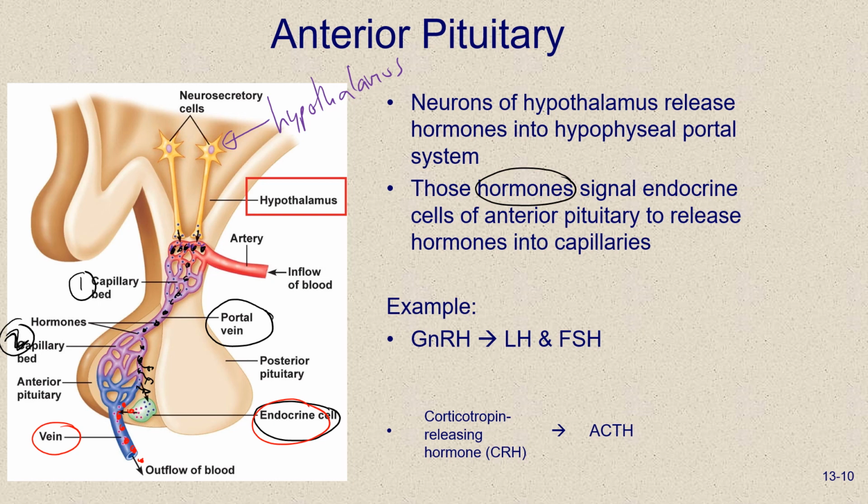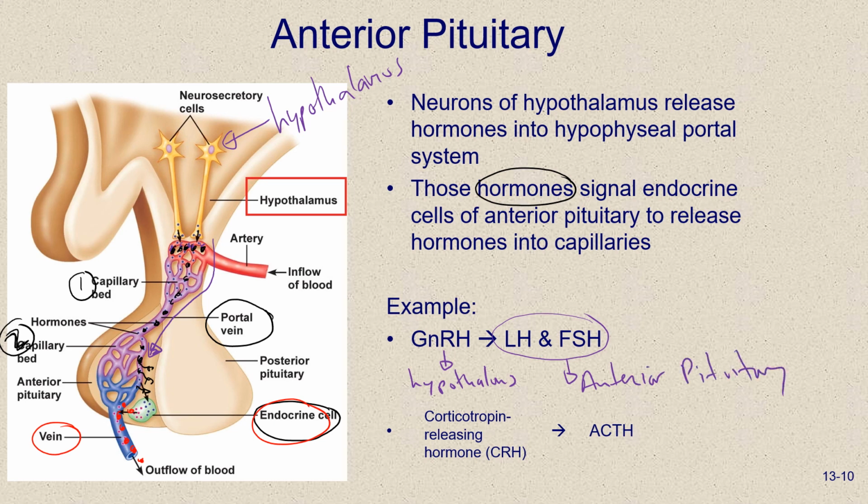Some good examples of this are gonadotropin-releasing hormone, which is released by the hypothalamus, and gonadotropin-releasing hormone would travel to the anterior pituitary gland, where it would then cause the anterior pituitary gland to release luteinizing hormone and follicle-stimulating hormone, which is from the anterior pituitary.